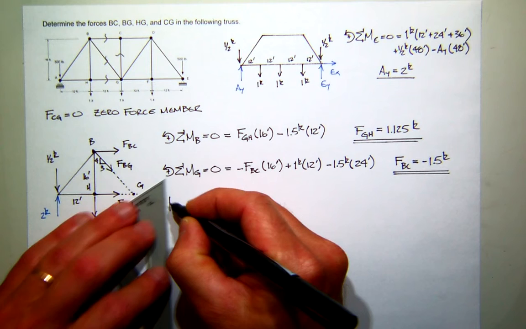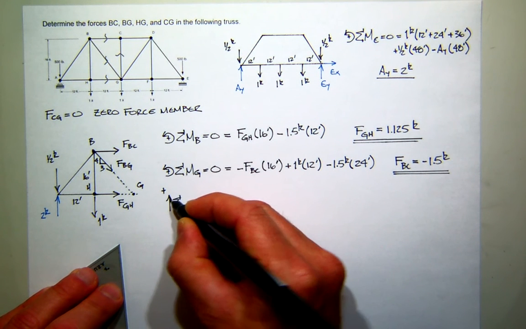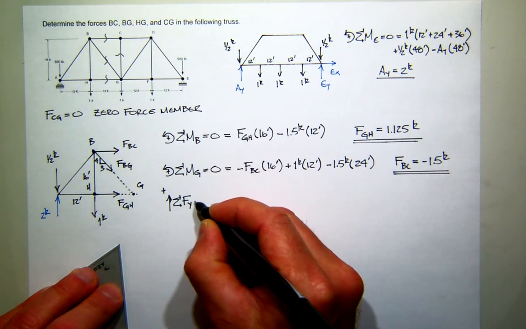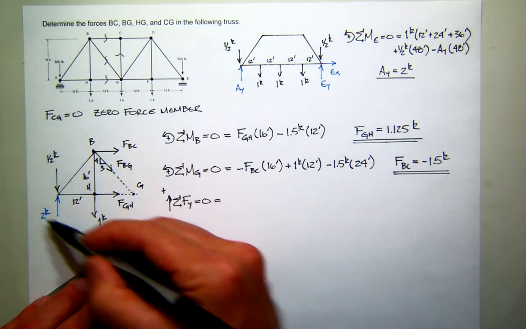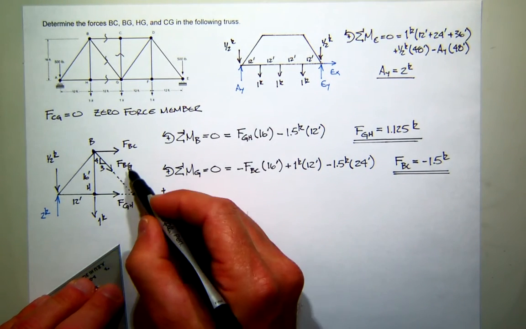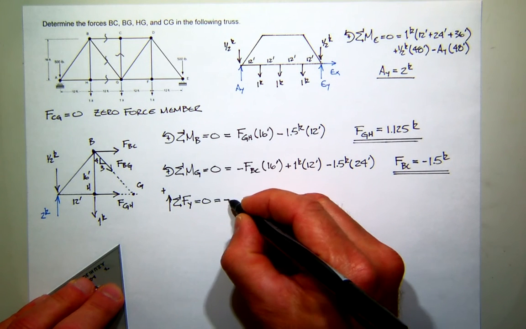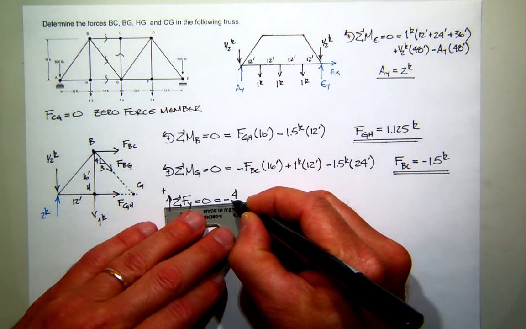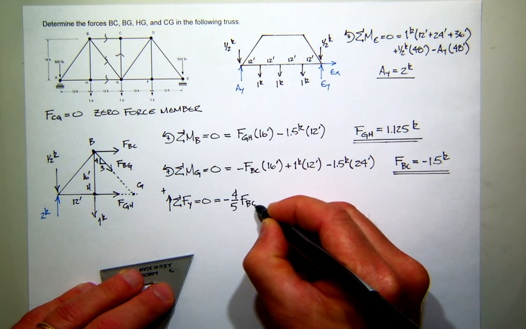I think earlier we said we were going to sum the forces in the y direction. So let's do that. So here's my free body diagram looking at forces in the y direction. I'll start with the unknown force. It will be acting down, and it's 4/5 of the total BG.